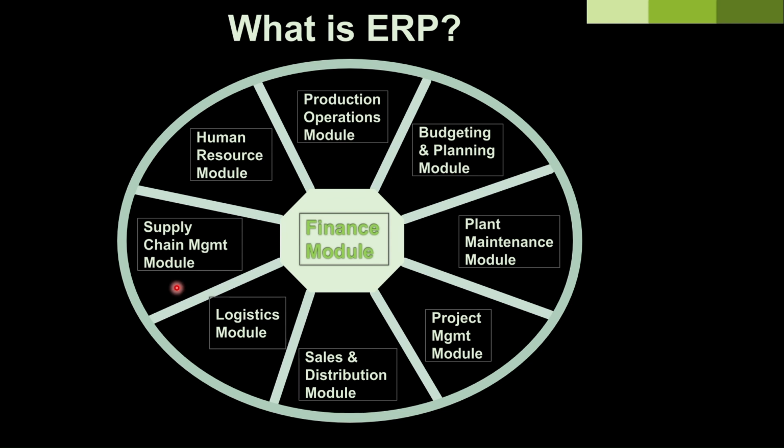And so would it be with supply chain. You have an ERP module that handles everything supply chain, an ERP module that handles everything logistics, sales and distribution, and all the way around every other department that exists in that organization, as we outlined, the typical one. But the very important thing to note here is that there is the finance module right at the center.